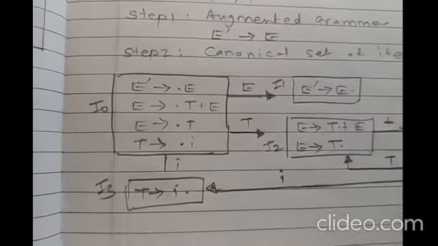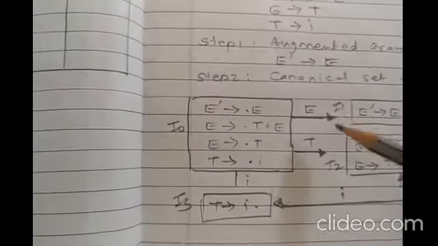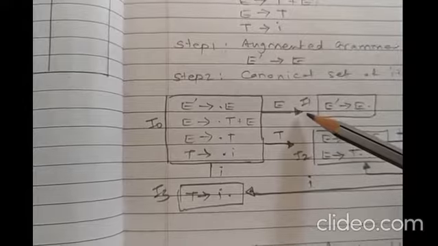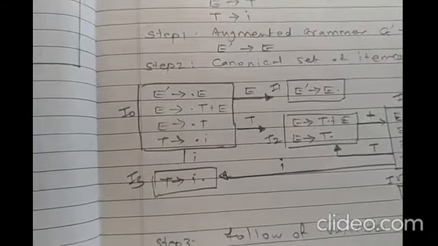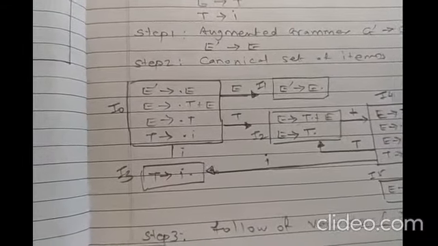So I0 on E, you can observe I0 on E going to I1. So we will write I0 on E going to 1, I0 on T going to I2.